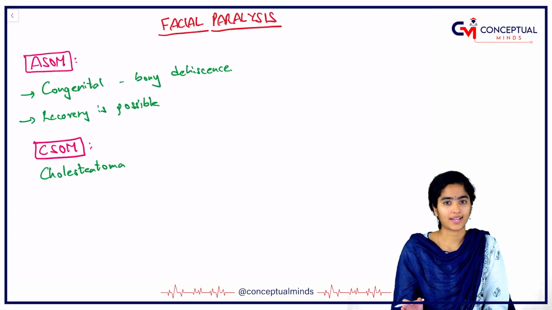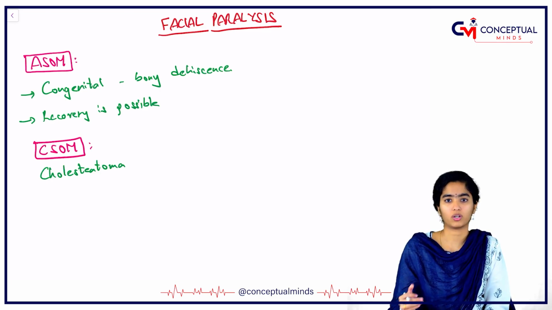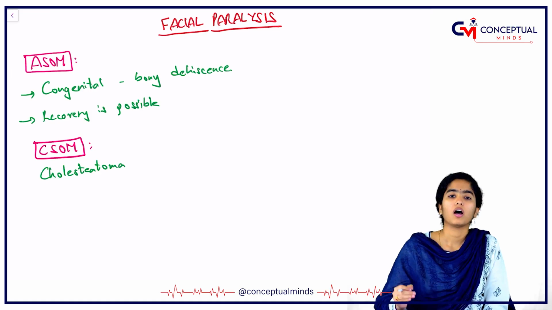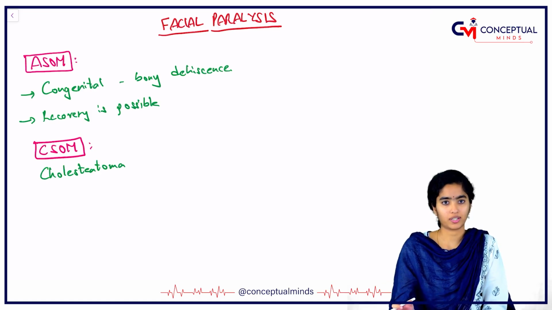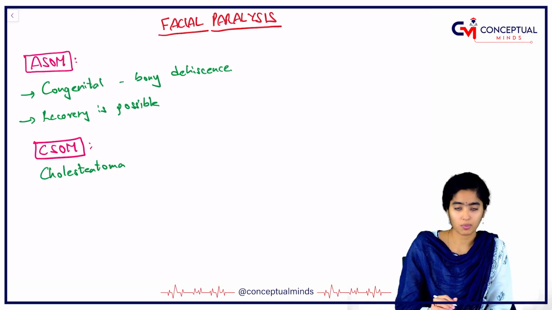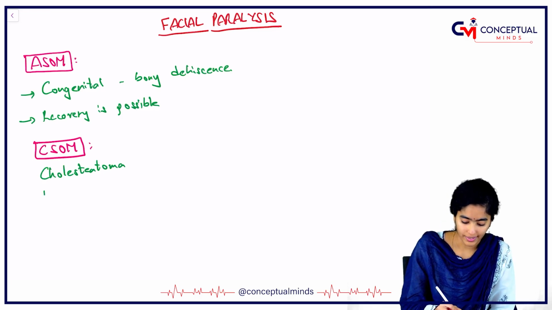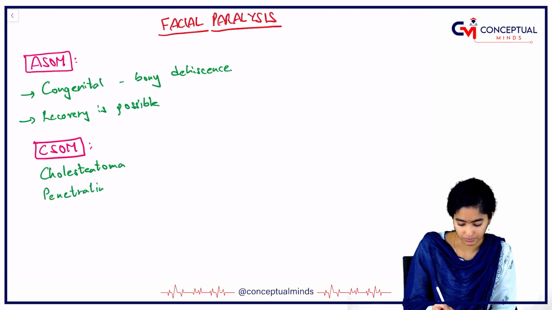But treatment has to be done very urgently because it's the facial nerve and we cannot take chances with it. Urgent exploration has to be done of the middle ear and mastoid, and you have to treat it very, very quickly. So this is about cholesteatoma, and even penetrating granulation tissue can also cause something similar.